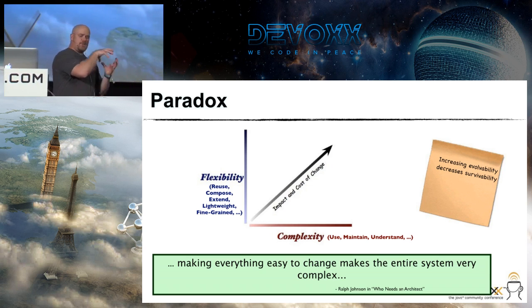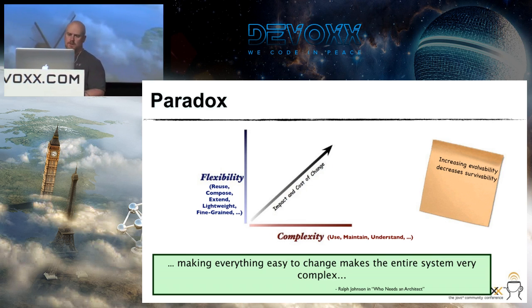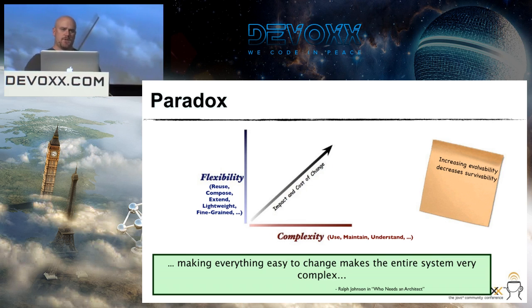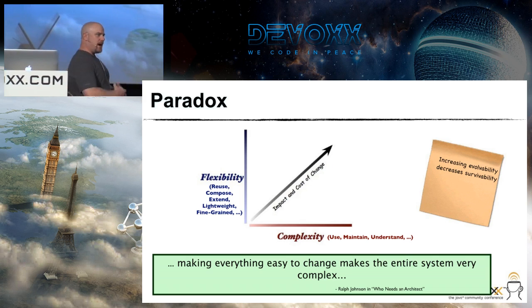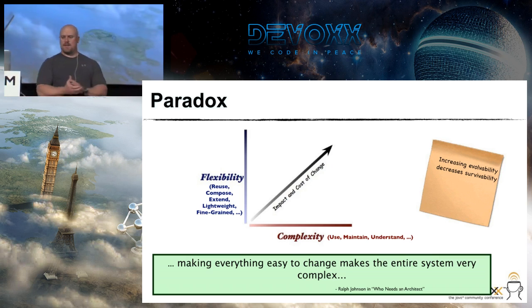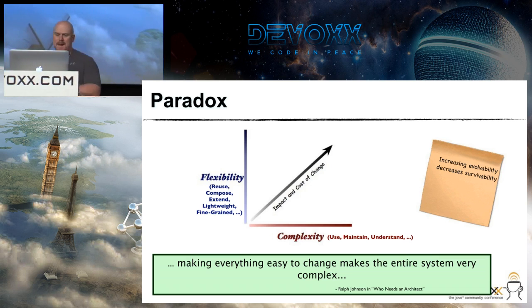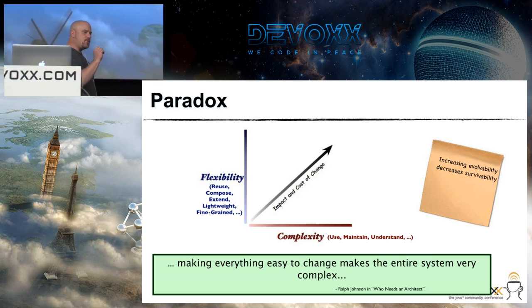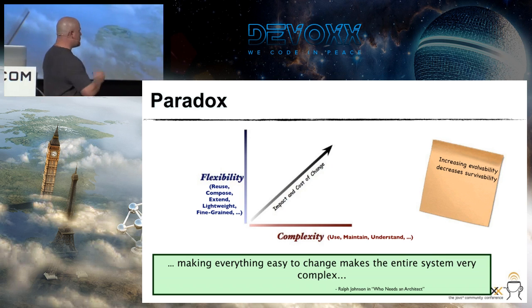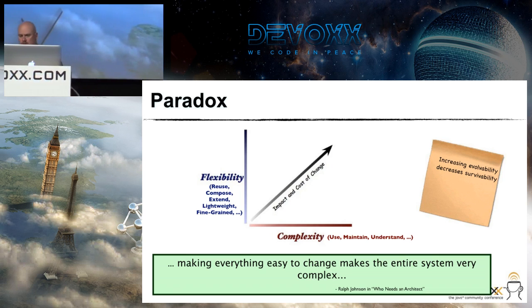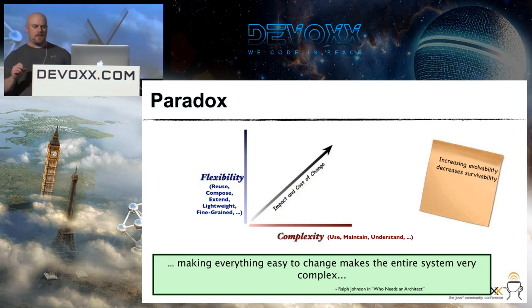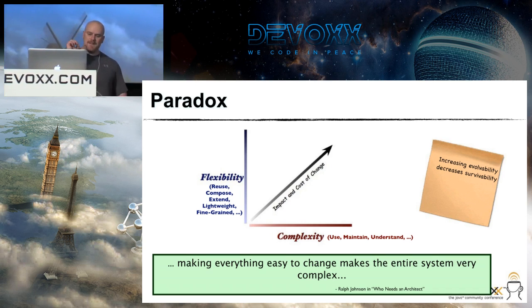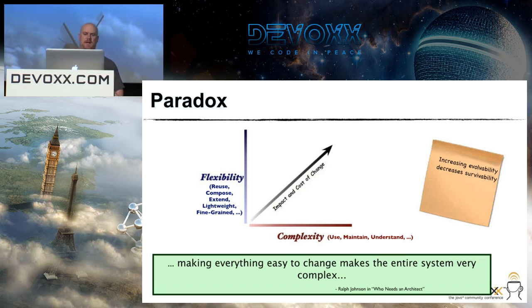As we design these more flexible systems to try to take advantage of reuse so that our systems are extensible, that we have lightweight entities that are highly reusable, that we can configure to context, so on and so forth, the natural byproduct of that flexibility is that we increase the complexity. And here we can see a quote by Ralph Johnson in an article that was written by Martin Fowler titled, "Who Needs an Architect?" Making everything easy to change makes the entire system very complex.